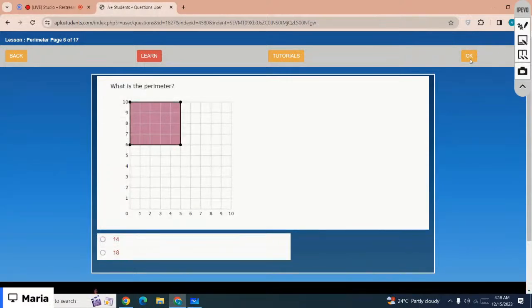What is the perimeter? Which is the correct option? 16? Yes, 18 it is. The correct option is 18.